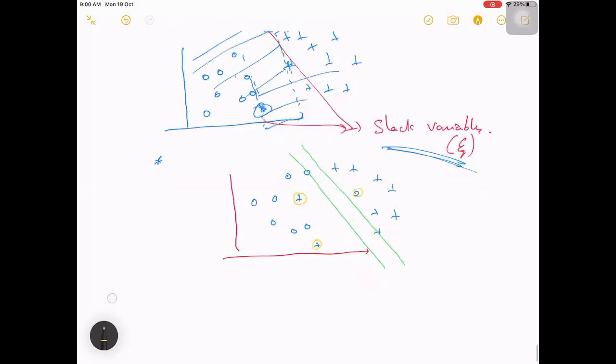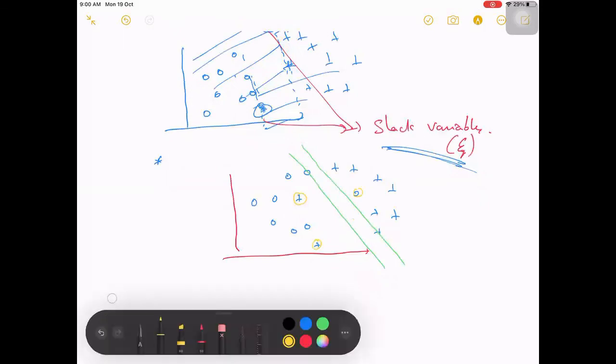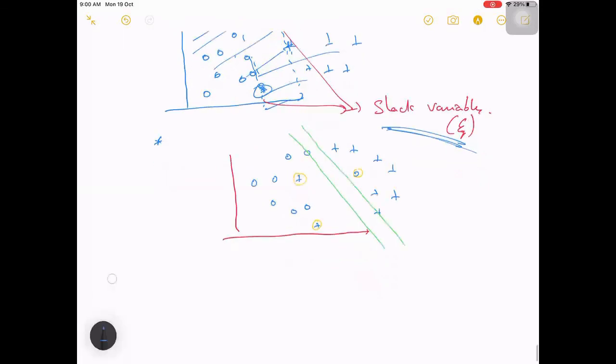What will be different is your previous representation: y equal to wx plus b equal to plus 1, and one more line equal to minus 1, right? So now you will have one more line which will extend this to some other way, something like this.